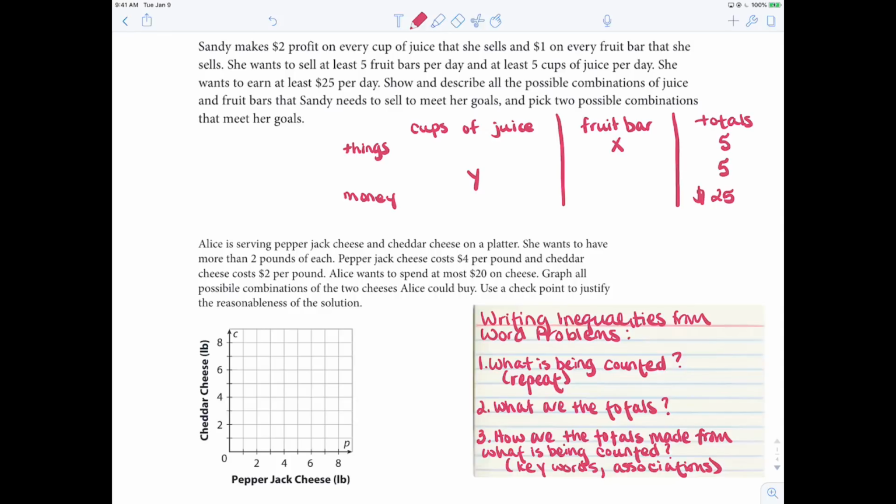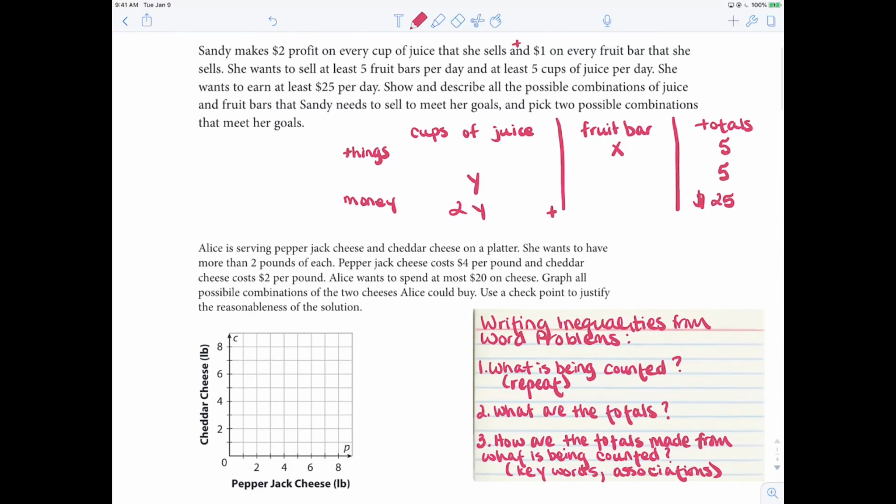And then I see that there's $2 on every cup of juice, right? I know that every means that it's associated with that variable. So 2 cups of juice, right? And $1 for every fruit bar adds up to the money.